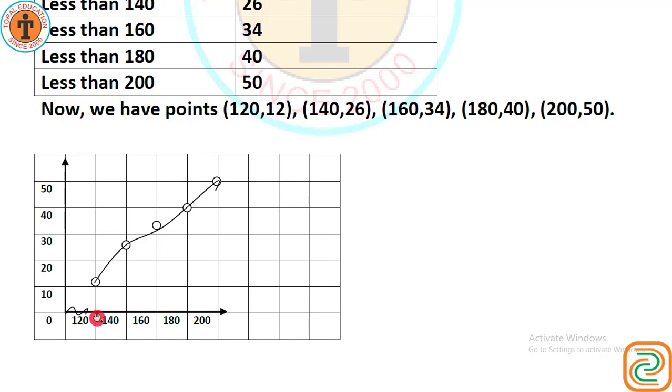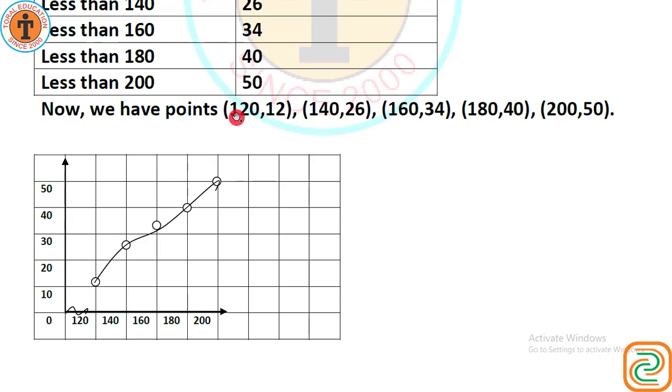The graph is roughly drawn, so don't take it otherwise. You will have graph paper and you can draw it perfectly. We have maximum 50, so I have taken a gap of 10, 20, 30, 40, 50.